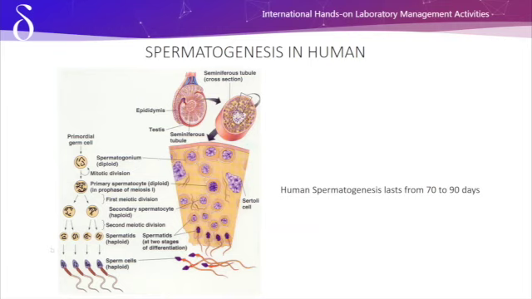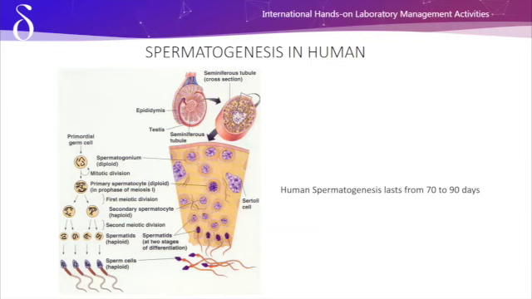So how does spermatogenesis occur? Spermatogenesis will start from primordial germ cells and spermatogonia. We will see later on that there are 3 different types of spermatogonia.